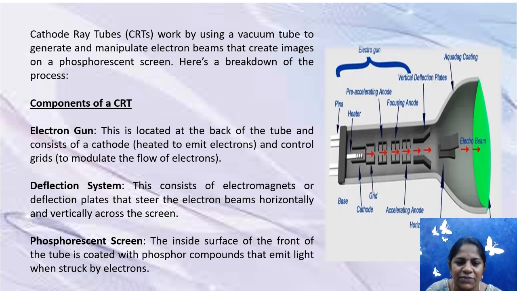And here we have the deflection system, where deflection plates steer the electron beam horizontally and vertically across the screen. And the phosphorescent screen: the inside surface of the front of the tube is coated with a phosphorus compound that emits light when struck by electrons.